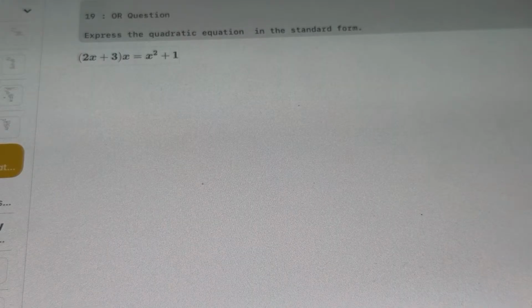We are going to find the different values, express the quadratic equation in the standard form.